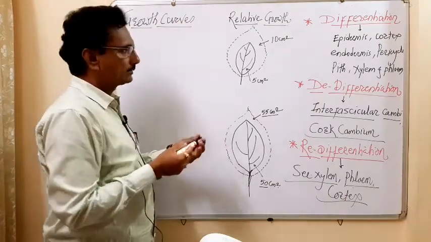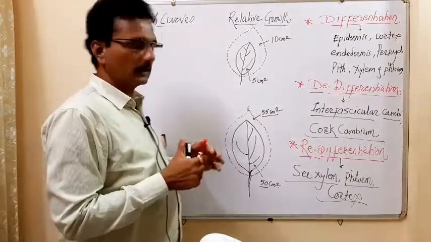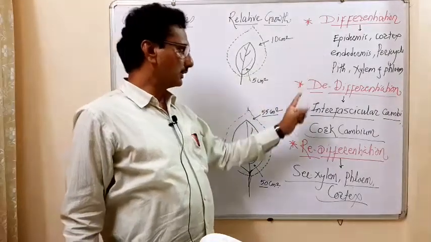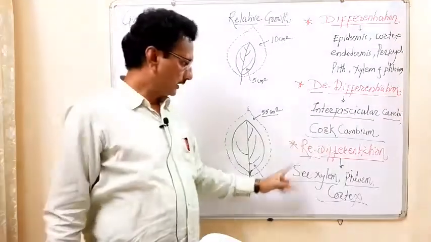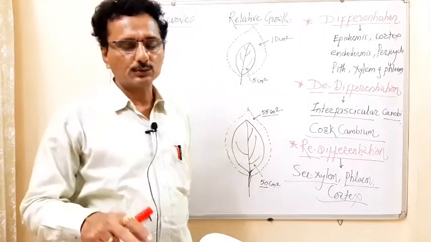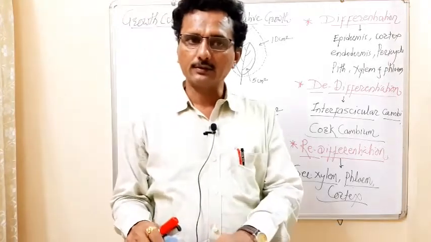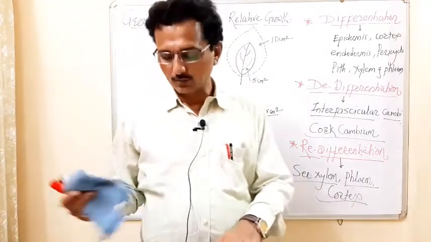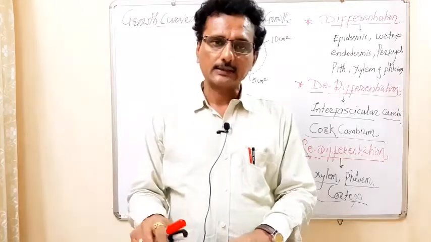And we are to study the questions based on differentiation, de-differentiation and redifferentiation. So student, whatever questions are already provided to you, we are going to solve in this lecture.